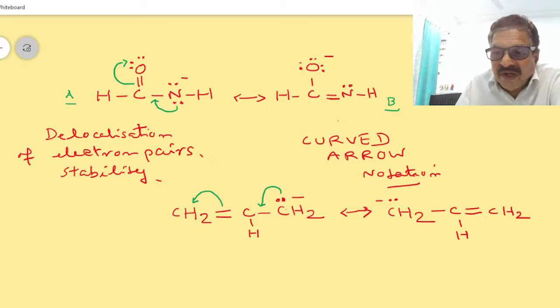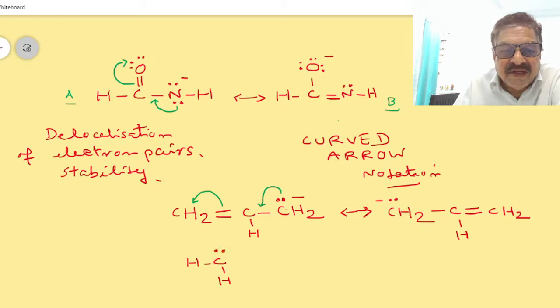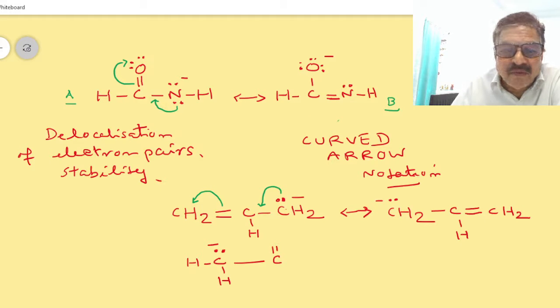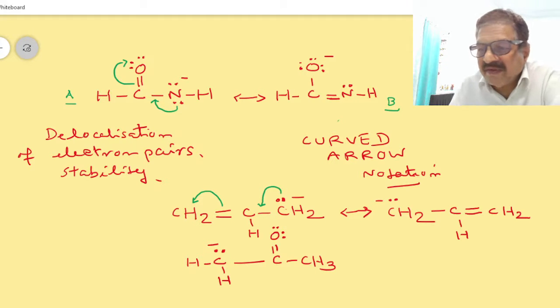Now another structure: a lone pair adjacent to a double bond. If you take another compound, CH2 with a minus charge, then C double bond O, then CH3.